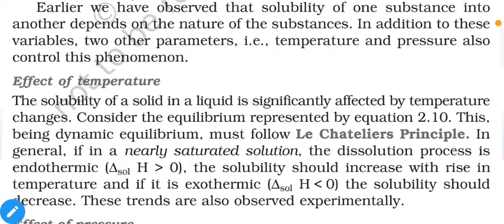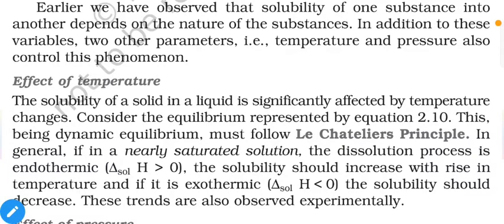Usually, the solubility of solids increases with temperature increment. Let's say if we dissolve sugar in water, and the solubility of sugar is 100 grams, then 1 liter of water can dissolve up to 100 grams of sugar at 25 degrees Celsius. But if you increase the temperature, you can dissolve more sugar.